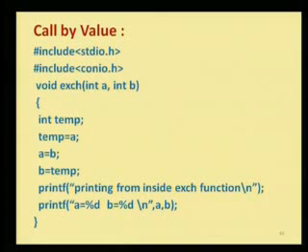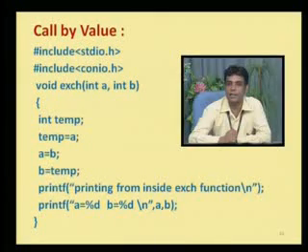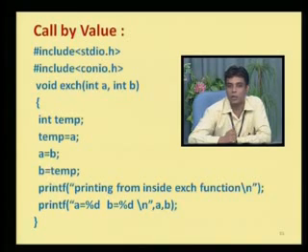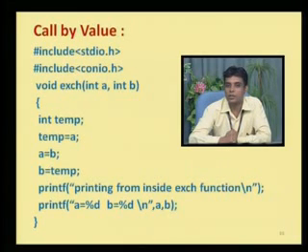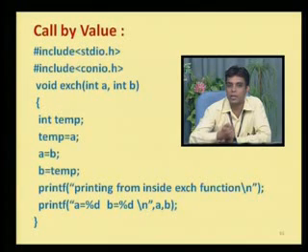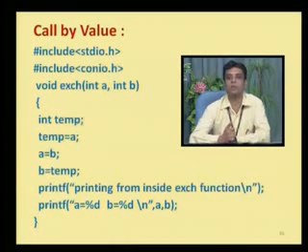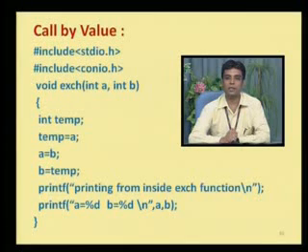In the same way, we assign the temp value to b. That's it. So the 2 is placed into b, and the 3 is placed into a. What we had defined earlier was a equals 2 and b equals 3, but by using this temporary variable method, we can exchange both values of a and b.